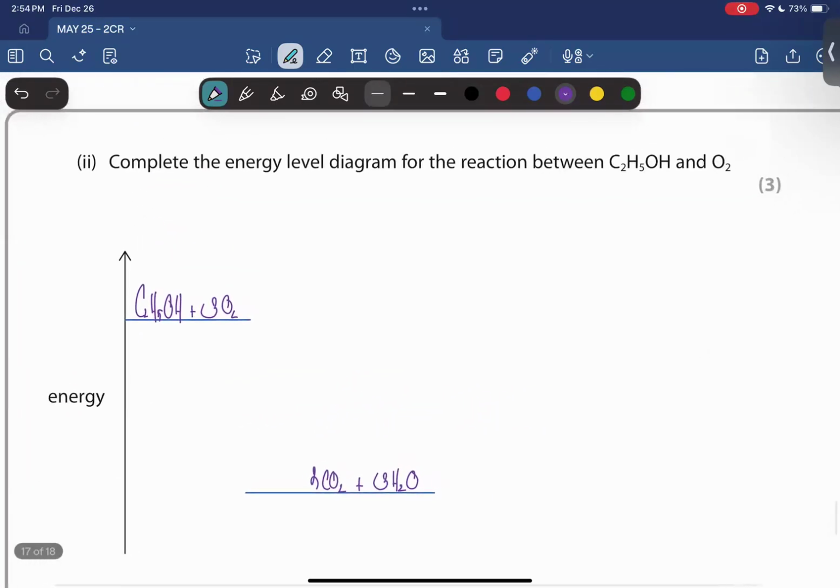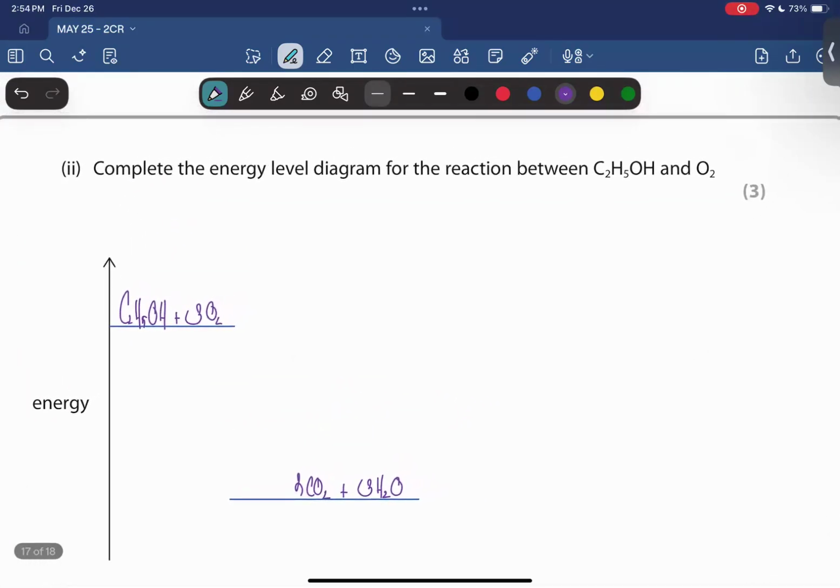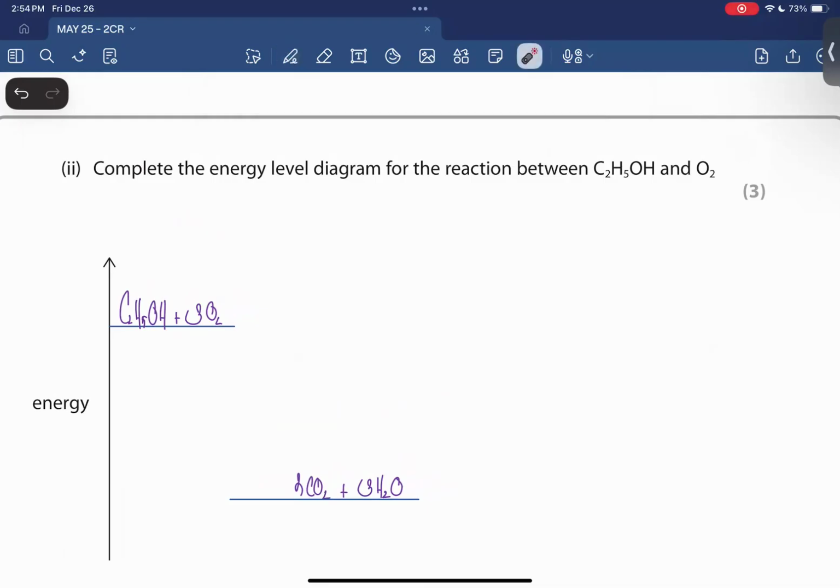Now, this is complete the energy level diagram, not profile diagram. Just a moment. For this delta H, do you need to show this? Let me just check something here.